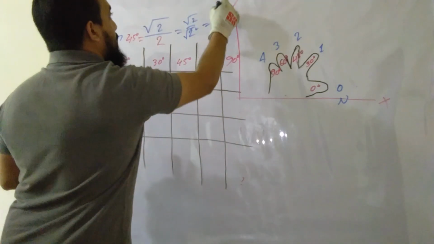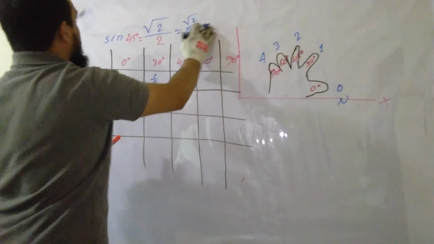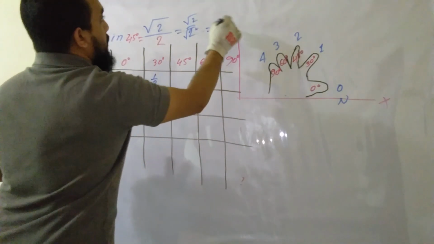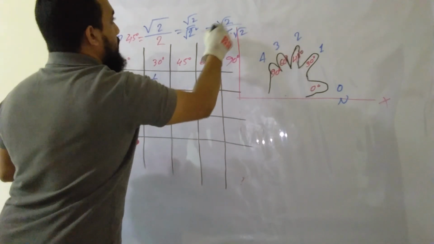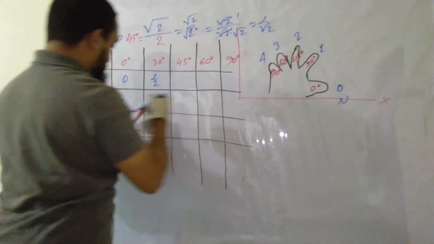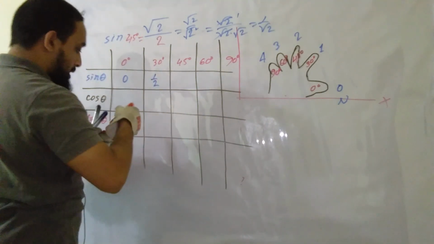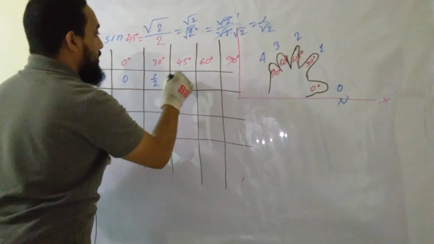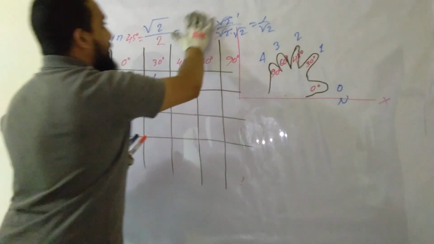So we can write it as root 2 divided by root 2 into root 2. Root 2 and root 2 cancel each other, here 1. So we're going to have 1 over root 2. So the value of this one is 1 by root 2. Now go for the next one.